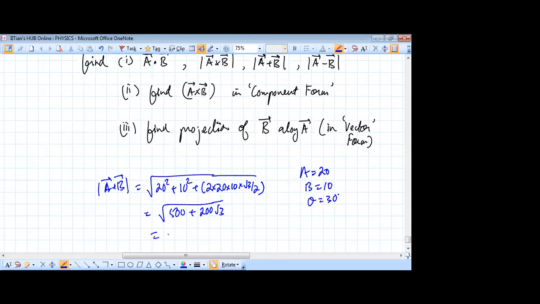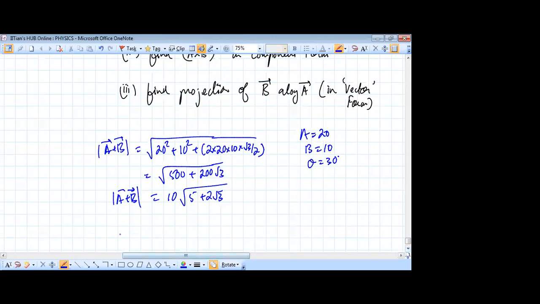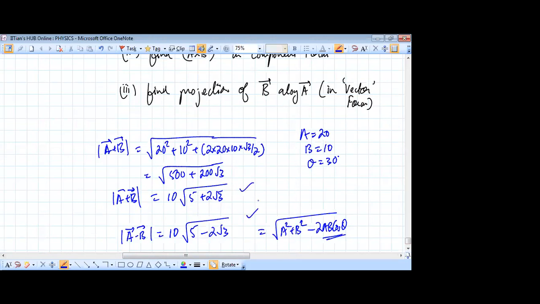So you can also write this as 10 square root of 5 plus 2 root 3. So this is mod A plus B. Okay. And accordingly, mod A minus B will become 10 into square root of 5 minus 2 root 3, because mod A minus B is root of A square plus B square minus 2AB cos theta. So here, instead of plus, a minus will come. So these are these two values. Okay, so this is clear to all of you.